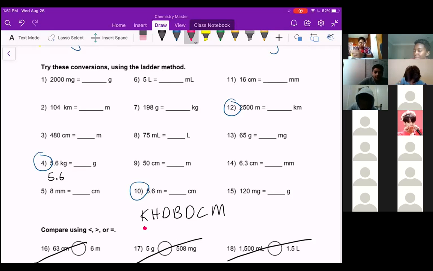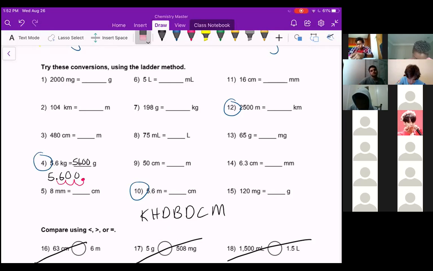Basic unit, yes. So 1, 2, 3 places to the right. So I'm going to move this decimal 1, 2, 3 places to the right. Let me put in some zeros right here. This is 5,600. All right, that's that one.